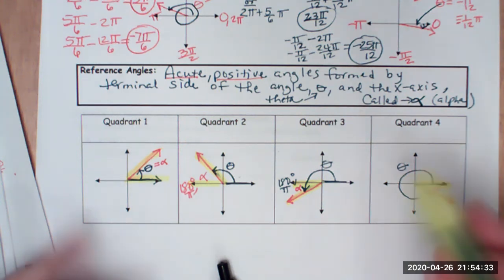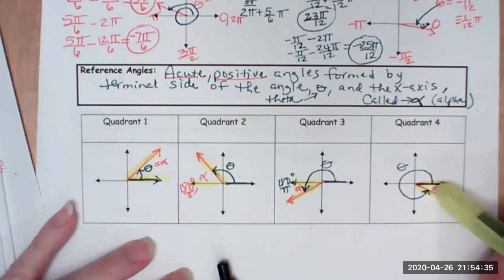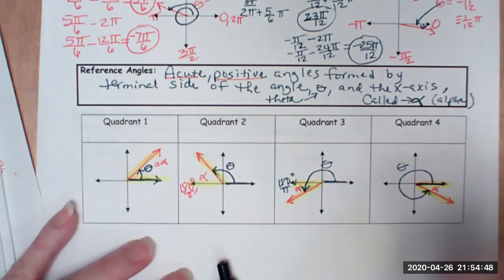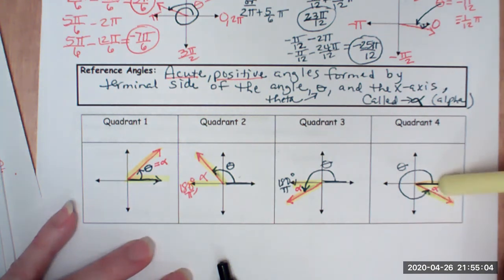So if we can figure out what the reference angles are, for example, if I knew that this was a 30-degree angle right here, and I knew that the sine of 30 degrees is 1/2, then I'd be able to figure out that the sine of 330 degrees is -1/2 because it's in quadrant 4.